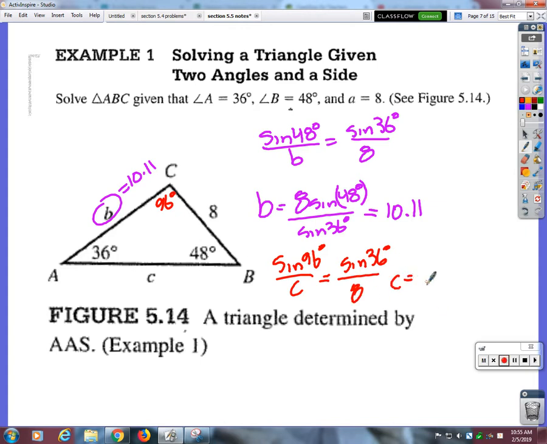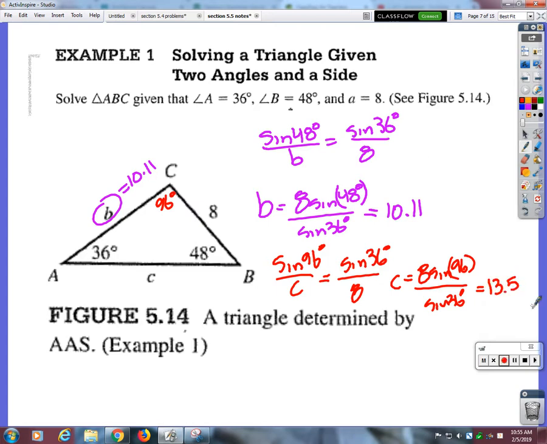So then side C equals 8 sine of 96 divided by sine of 36, which equals 13 point what?